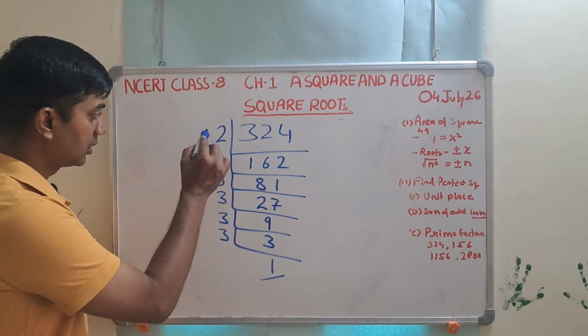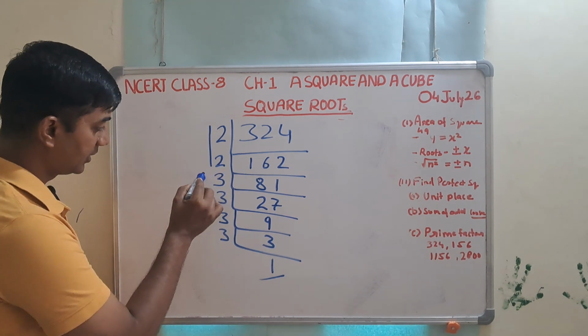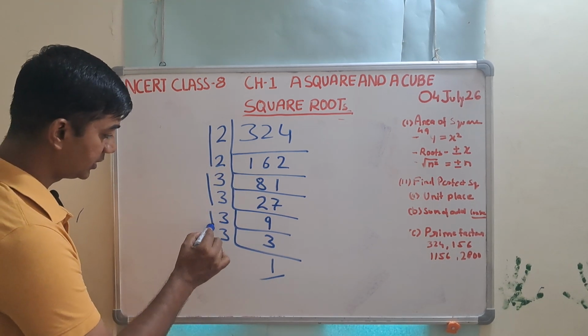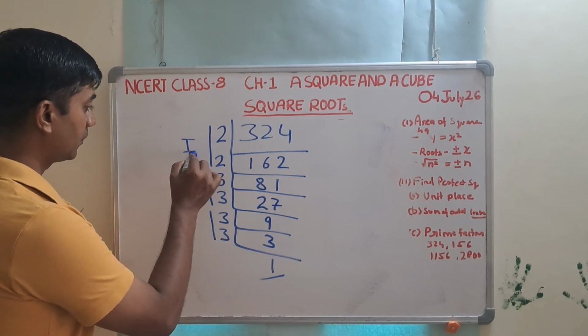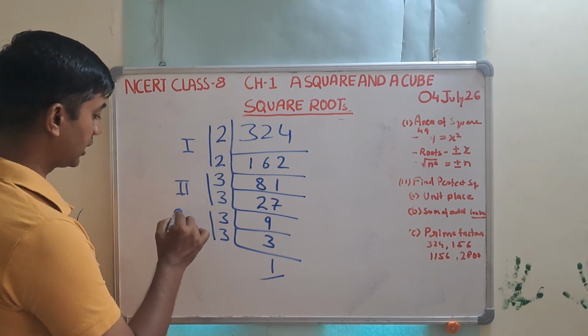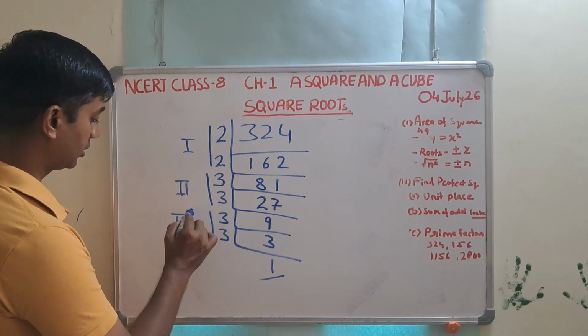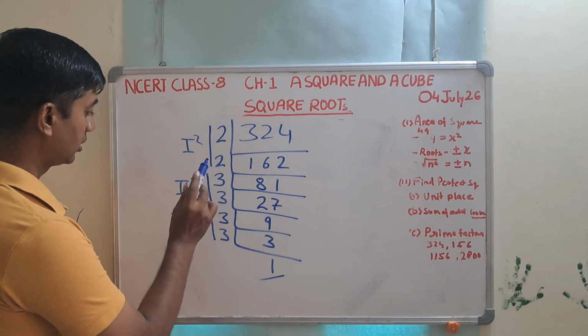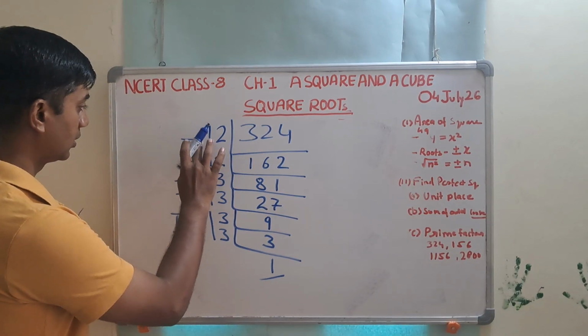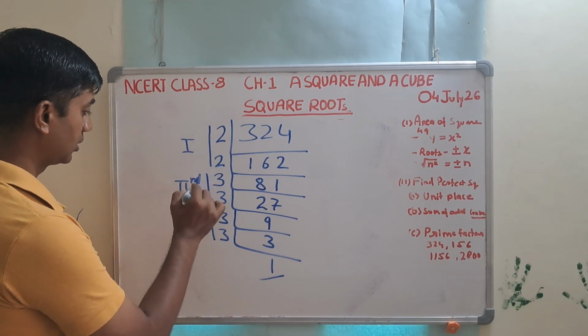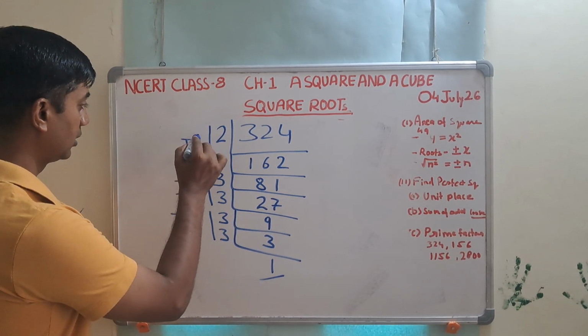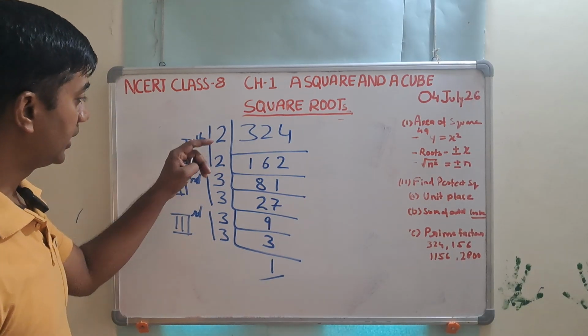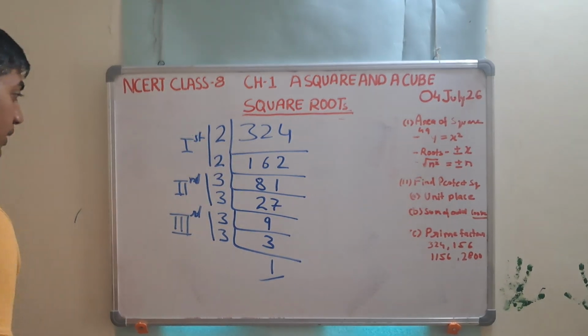This is one pair, this is second pair, this is third pair. We get 3 pairs. Let's write these pairs.